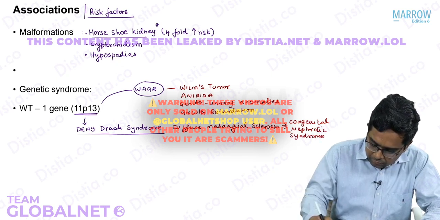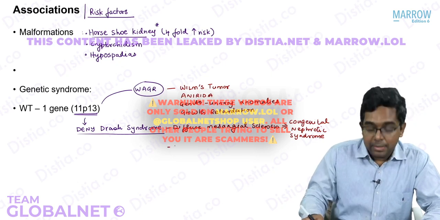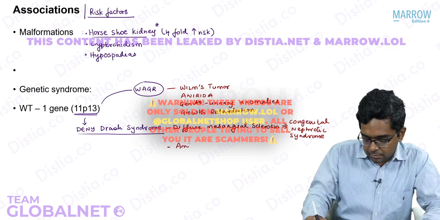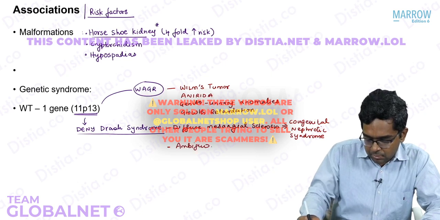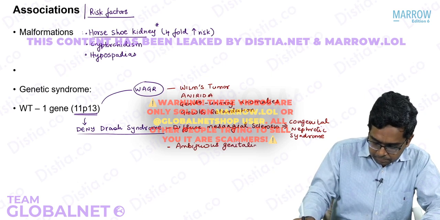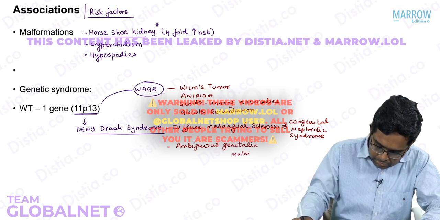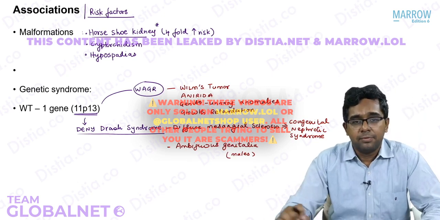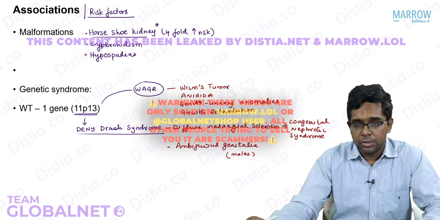And the second important feature of this syndrome is it is associated with ambiguous genitalia in males. That is about Denys-Drash syndrome, which is a second example of a gene defect associated with WT1 gene.